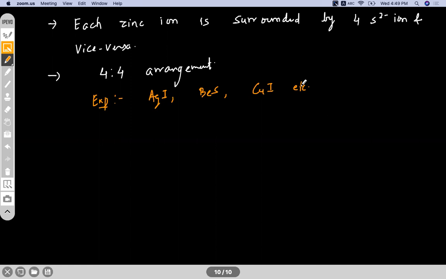The bond between zinc and sulfur has significant covalent character.